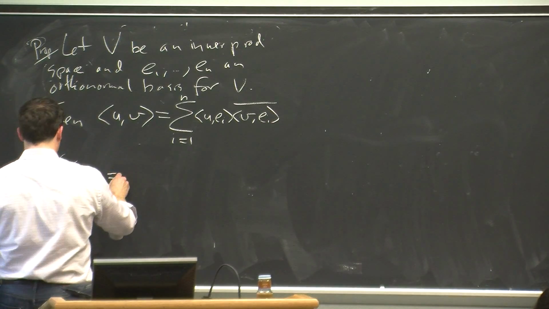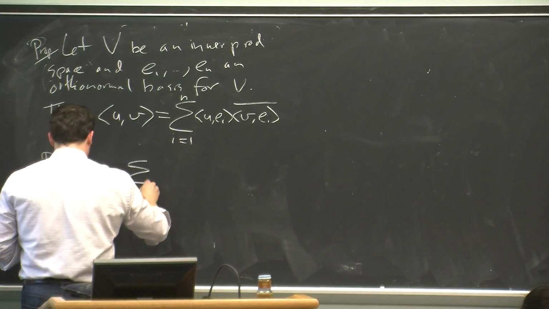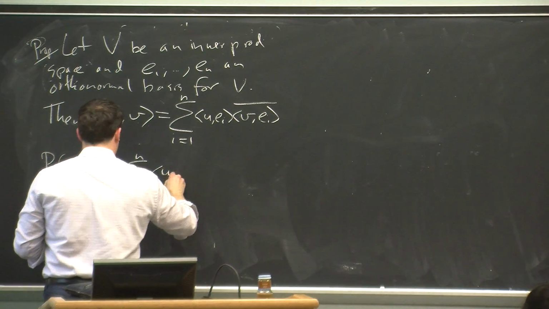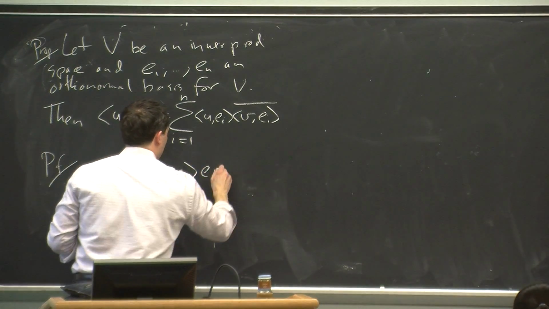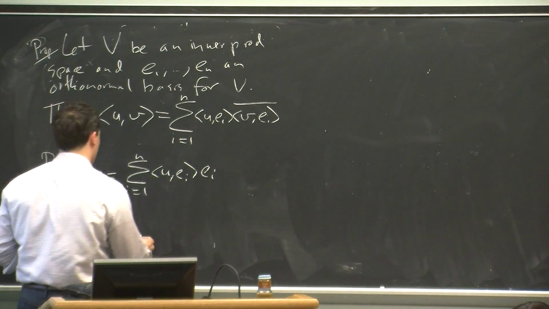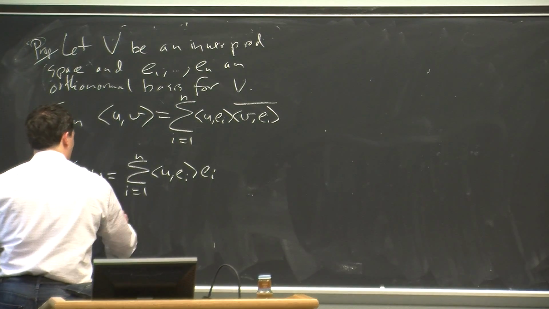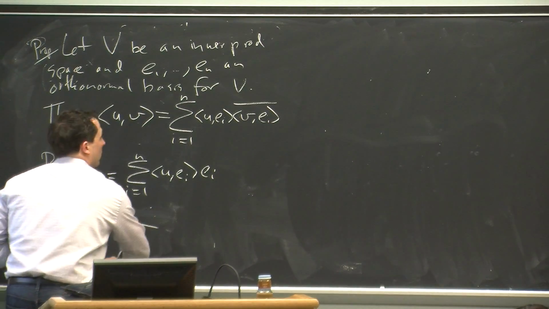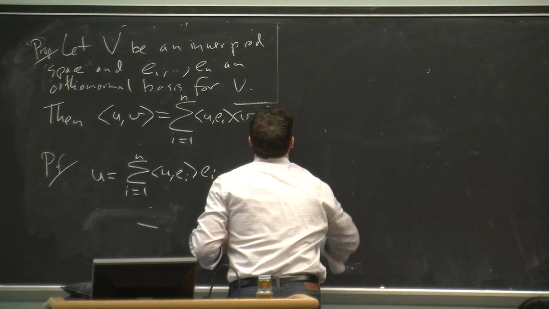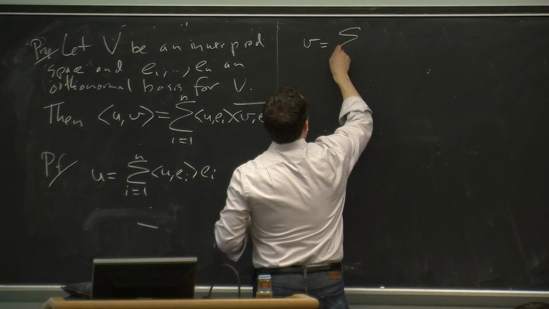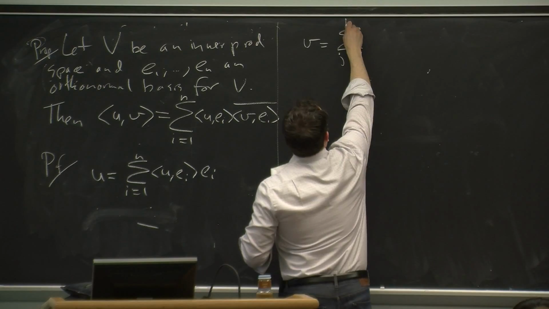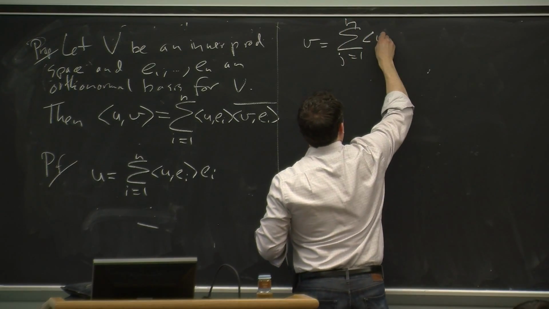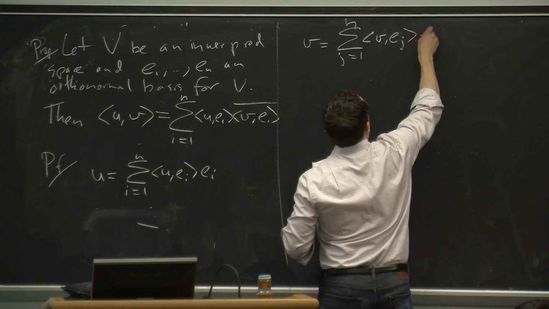Well, okay, U is a sum from i equals 1 to n of the inner product of U and Ei, times Ei. That's our trick for writing any vector in terms of the basis. And the same for V: V is the sum from j equals 1 to n of the inner product of V with Ej, times Ej.